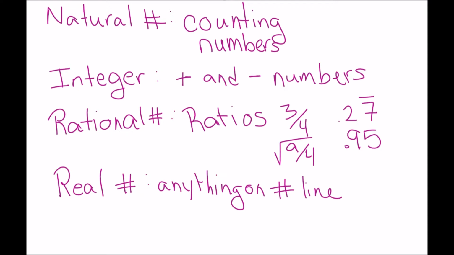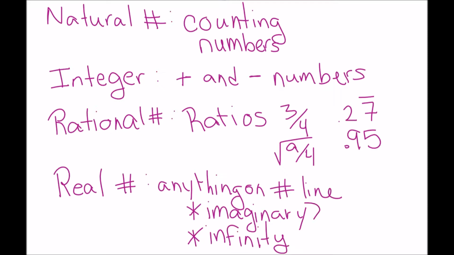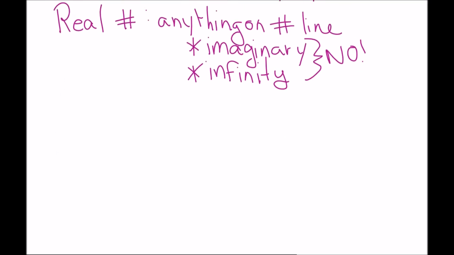So this pretty much includes everything you've probably ever seen, other than there's no imaginary numbers, and there's no infinity, because basically infinity is not really a number. You could do more research into this if you're interested, but it's more of a concept and not a number. So there's no infinity, and today's topic is imaginary numbers, so you're about to see what those are.